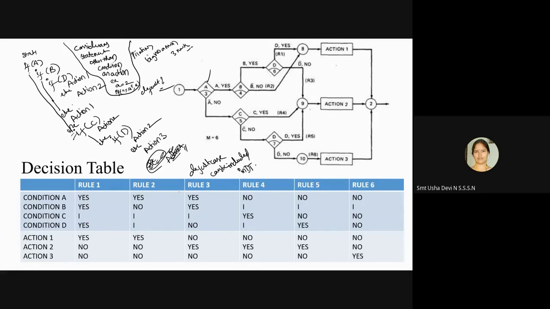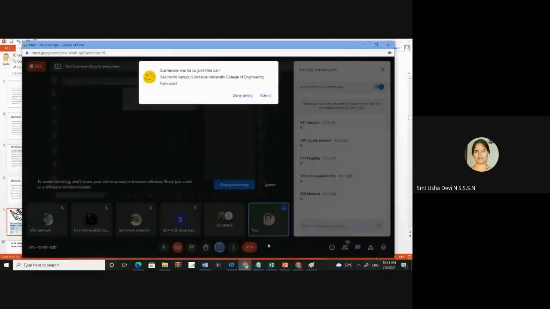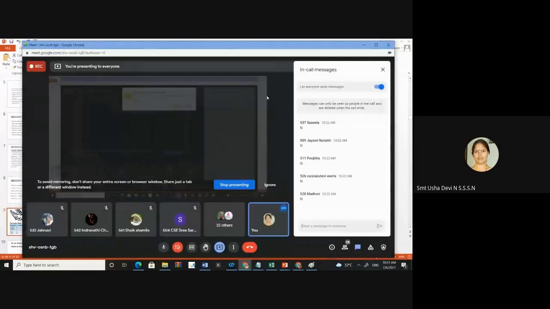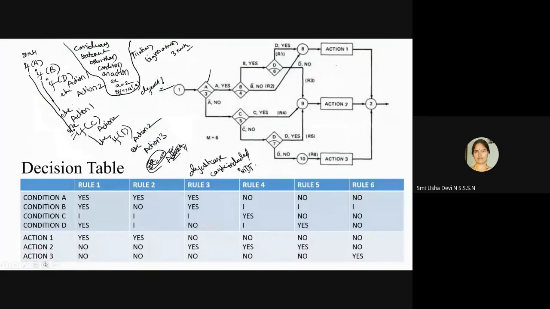Action one consists of two achievable paths, action two has three achievable paths: this one, this one, this one. Action three has only one achievable path like this.